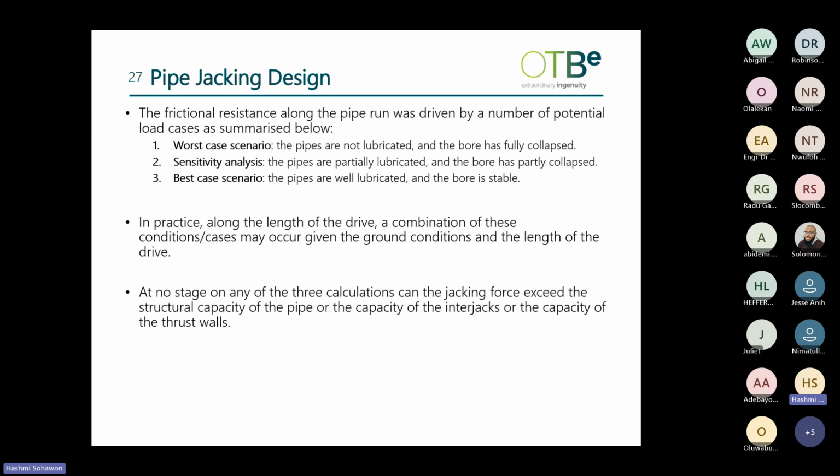We then have the best case scenario in which the pipes are well lubricated and the bore is stable. This is usually the case when we have a moderately strong soil that can stand up for a long time. And that will lead to a gap between the soil and the pipe across the entire length. And this gap is usually filled with a lubricant.